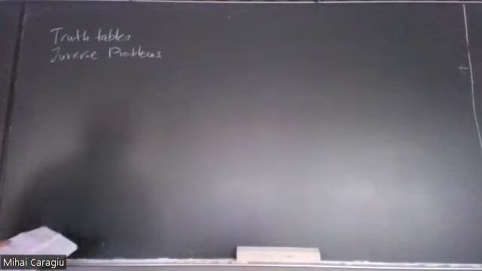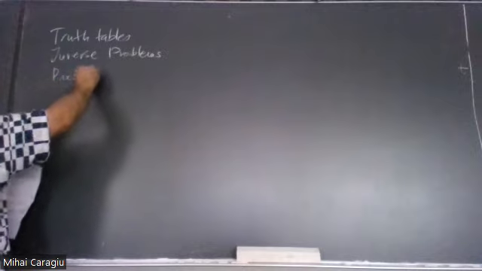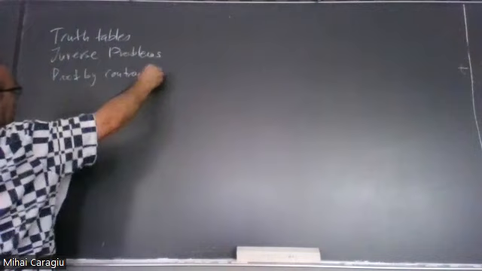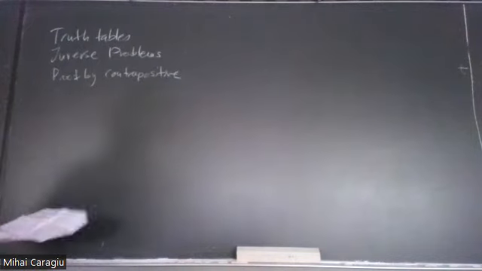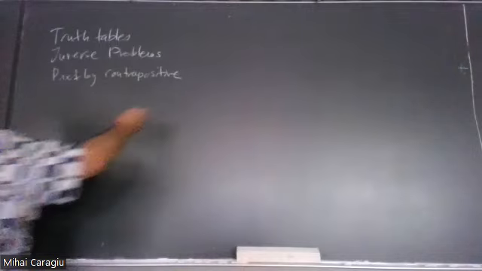Then we have to be able to prove by contrapositive. I don't want to overdo it with proofs. Some important styles of proofs we'll do are proof by contrapositive or proofs by contradiction.